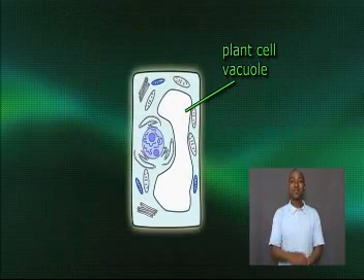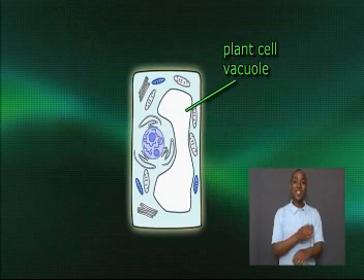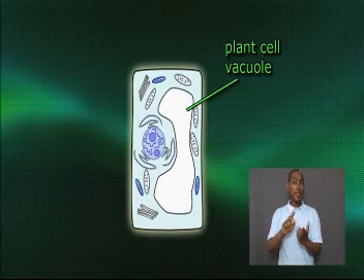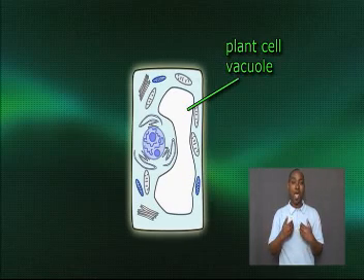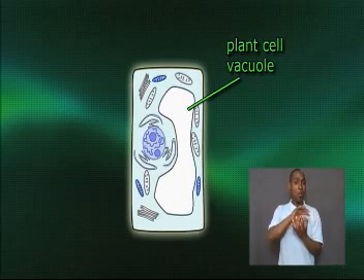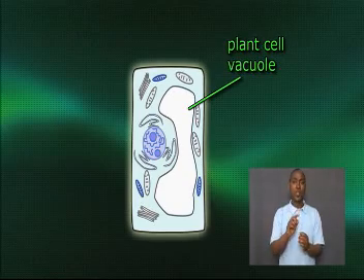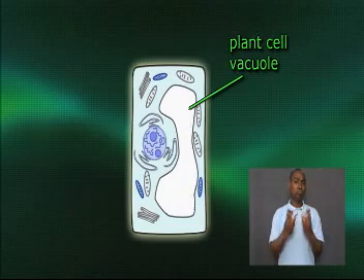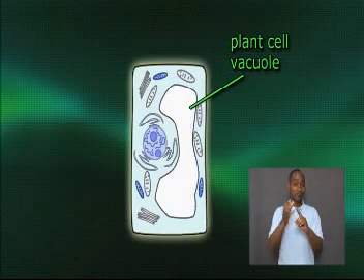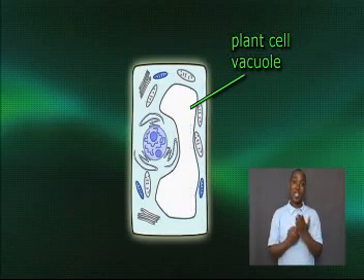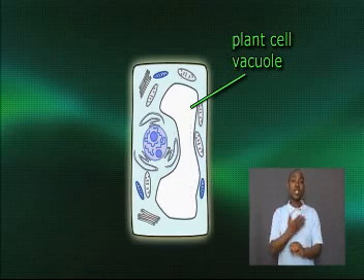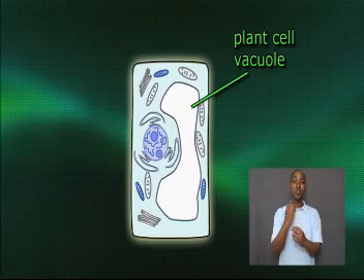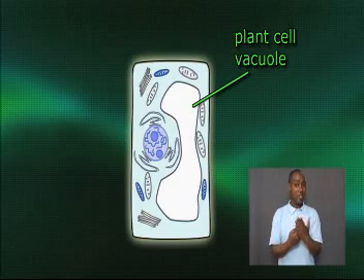Plant cells also contain a larger central vacuole, which is enclosed by a membrane. The vacuole usually takes up most of the room in the cell. It contains waste materials, water, and nutrients that can be used or secreted as necessary.